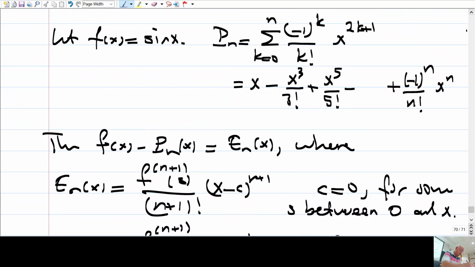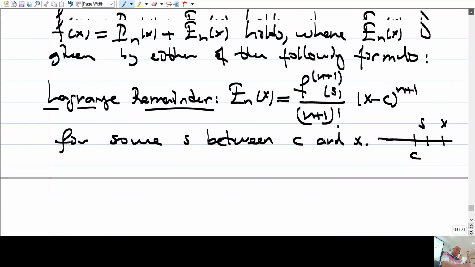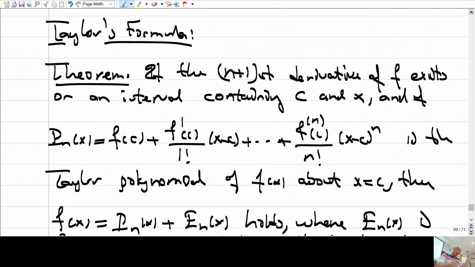I want to show that sin x is equal to this gadget. If you take the first n terms of this infinite series, that's called Taylor's polynomial in the theorem.